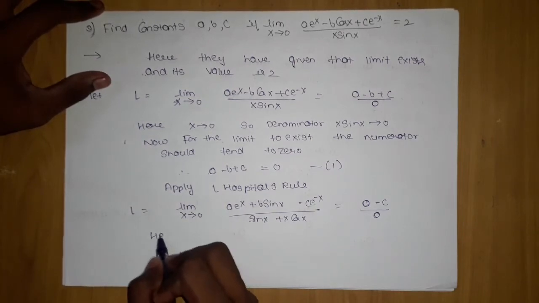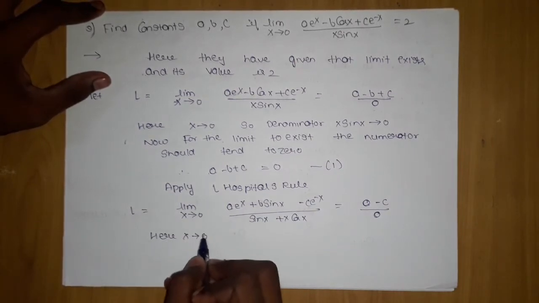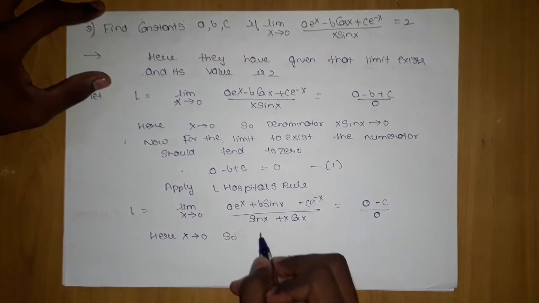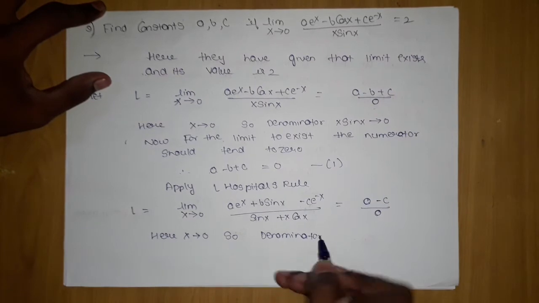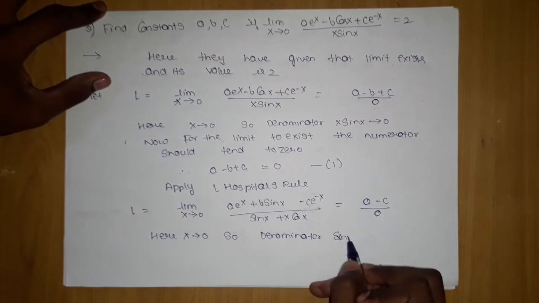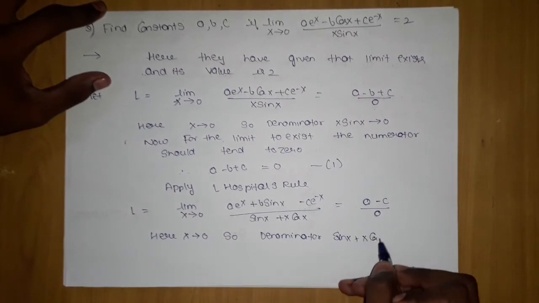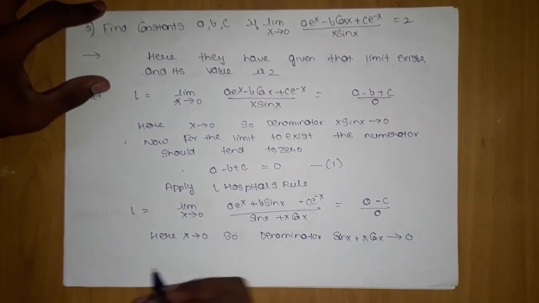Again, what do we write here? x tends to 0, so the denominator sin x plus x cos x tends to 0.